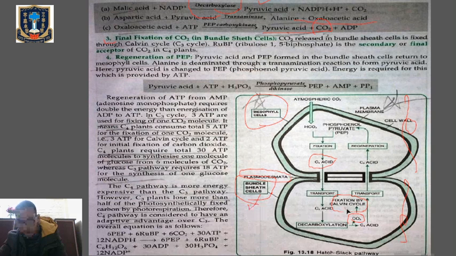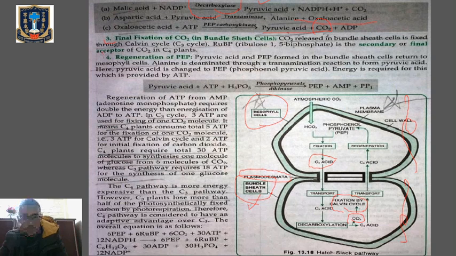So the fixation of carbon dioxide in the bundle sheath cells takes place with the help of the compound called RuBP, or ribulose 1,5-bisphosphate, which is the secondary or final acceptor of carbon dioxide in C4 plants. Clear? So you can see that the fixation of carbon dioxide takes place by the Calvin cycle, and there will be formation of C3 acid, that is phosphoglyceric acid, which will be transported to the mesophyll cells.